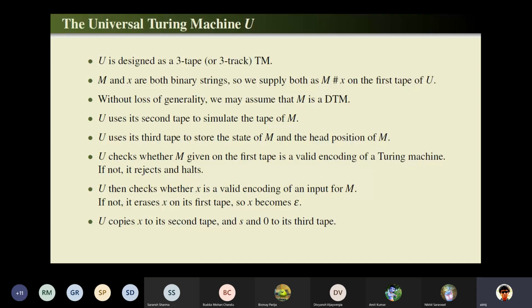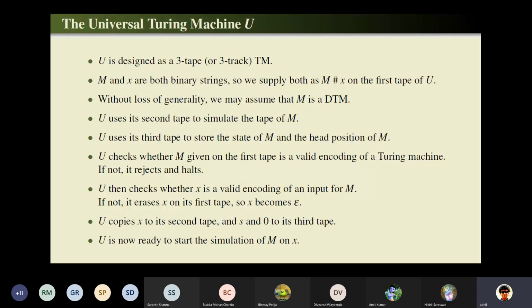And the initial state is s. Whatever the encoding for s is, it reads from that description and copies that to the second tape. This is followed by the initial head position, which is at cell number 0. Happy? So this essentially prepares you to start the simulation of M on X.